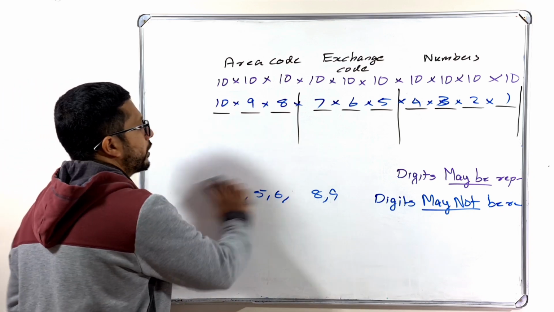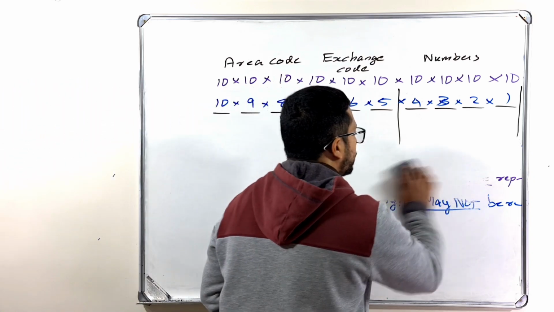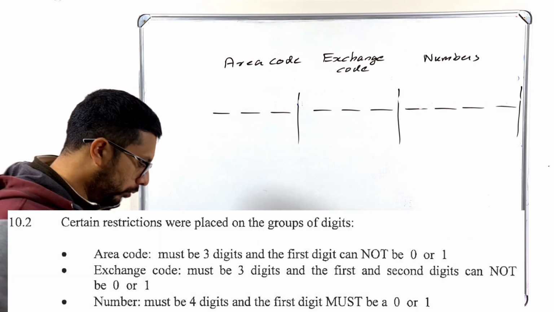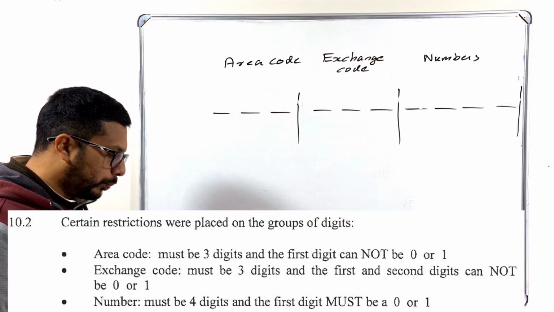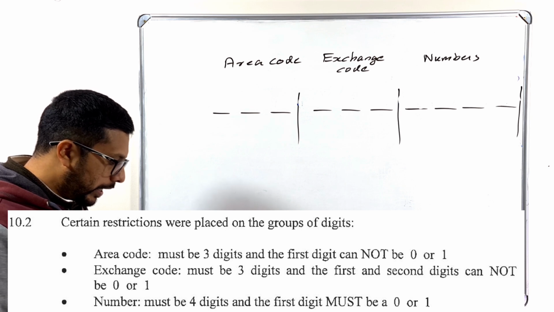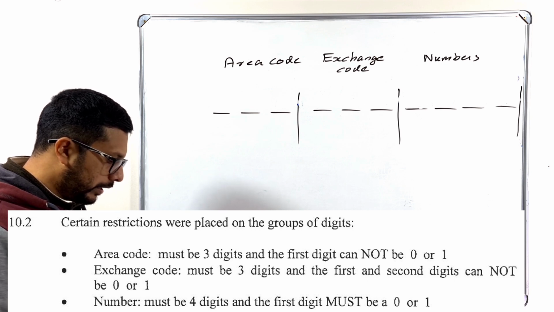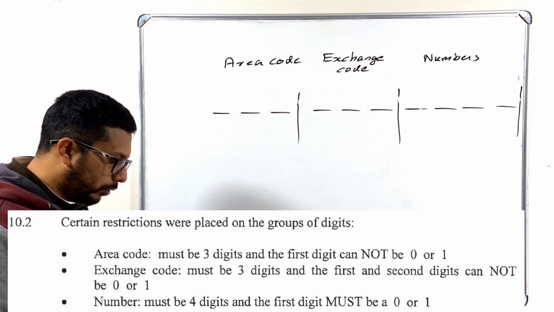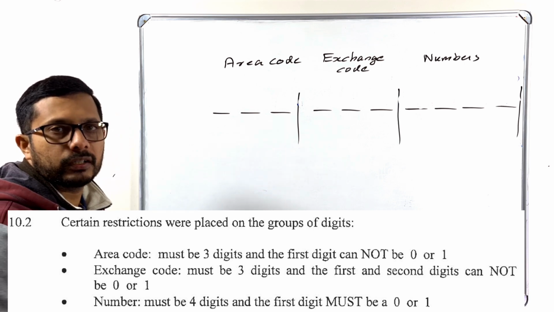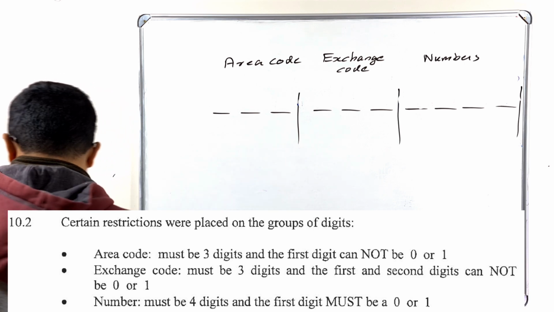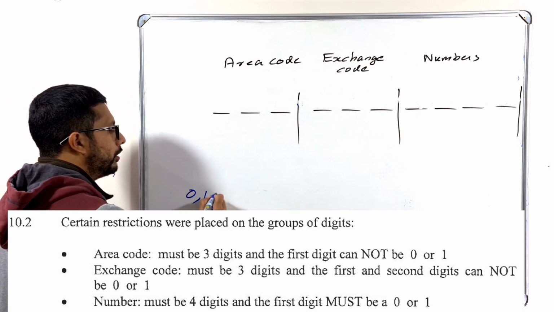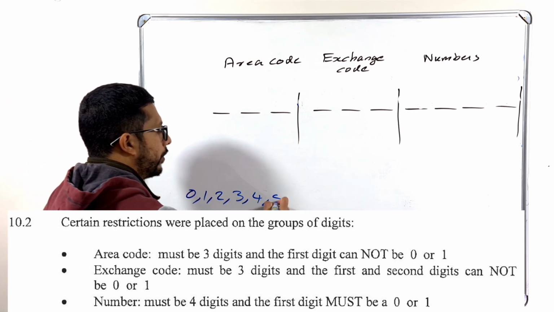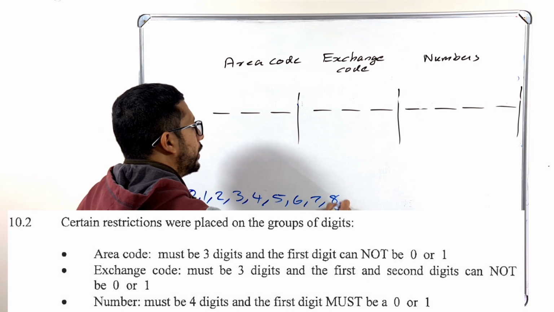Now let's go to the next question, 10.2. Certain restrictions were placed on the group of digits. Area code must be 3 digits and the first digit cannot be 0 or 1. Let me write the options we have: 0, 1, 2, 3, 4, 5, 6, 7, 8, 9.